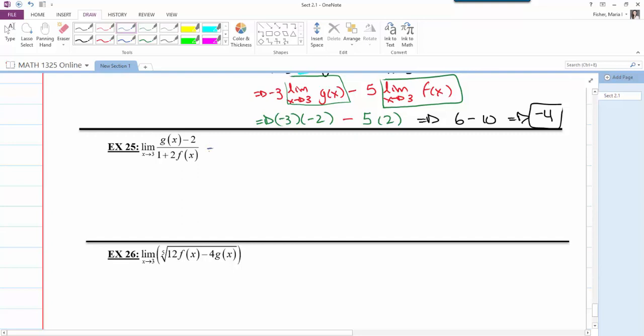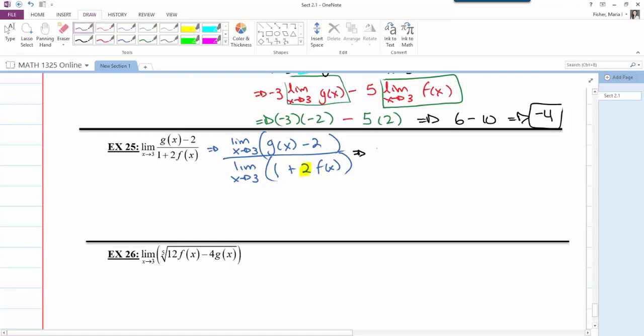Again, I know that I can split this up into the limit as x approaches 3 of g of x minus 2 over the limit as x approaches 3 of 1 plus 2 times f of x, because I'm allowed to split it up over numerator and denominator. And I also know that I am allowed to split this up over addition and subtraction, and I can take out constant multiples.